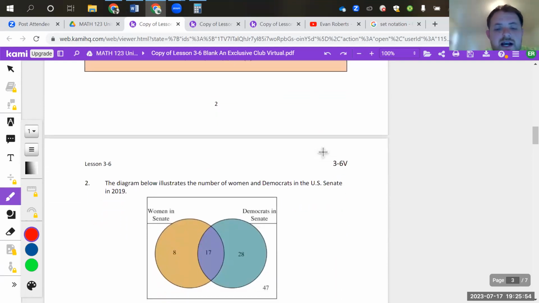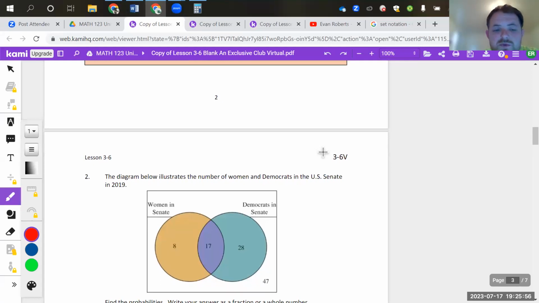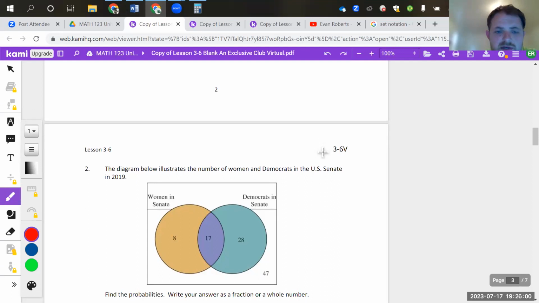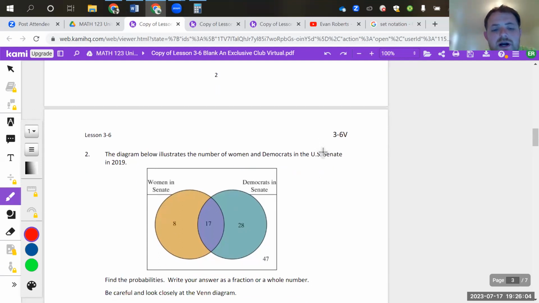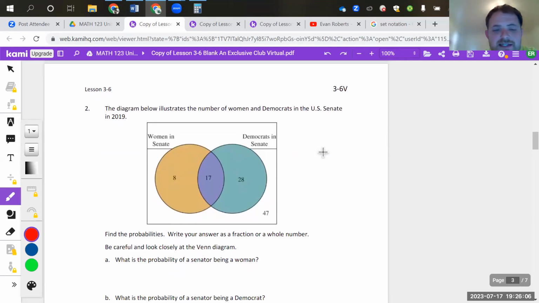So we've got a new question. It's still the 2019 information, but now it's women and Democrats. Essentially they broke it down. They're saying that of the women in the Senate, 8 of them are not Democrats.